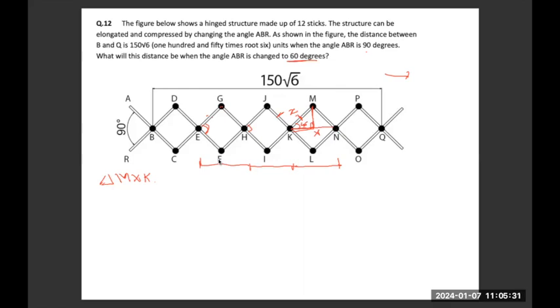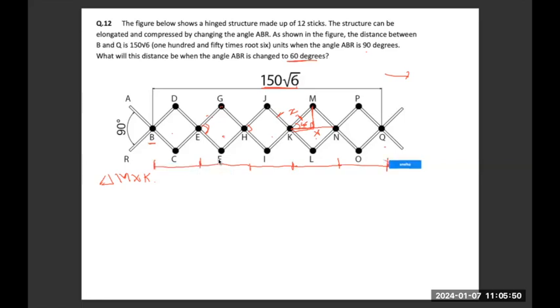I know this dimension, this is 150 root 6. This is the total dimension between B and Q. Likewise, I have 1, 2, 3, 4, and 5 segments in between. So I have 5 such segments.